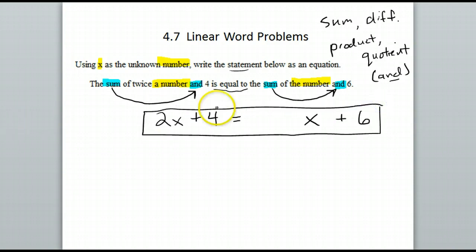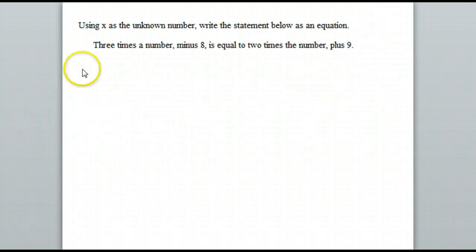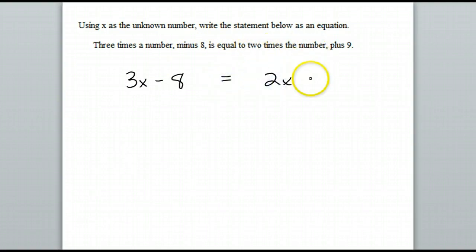Alright, a few later we'll actually solve them. Alright, using x as the unknown number, translate this. 3 times the number minus 8 is equal to, so 3 times the number would be 3x again, minus 8 is equal to 2 times the number plus 9.